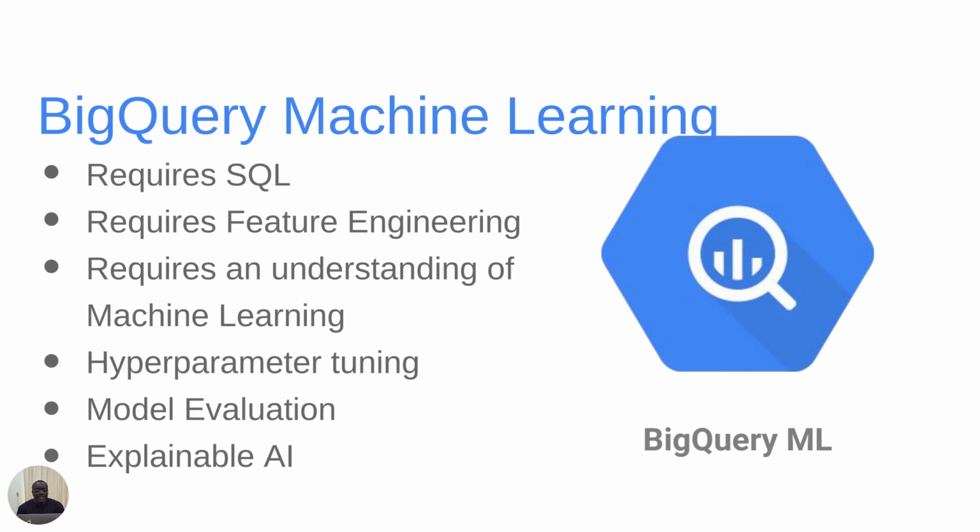So for data analysts, there's something called BigQuery machine learning. And all that it requires is SQL, but you still need to know the fundamentals of machine learning. You need to know what feature engineering is. You need to know what hyperparameter tuning is. You need to know what optimizers are. But once you know all that, you don't need to go write Python or R or Java or whatever language it is.